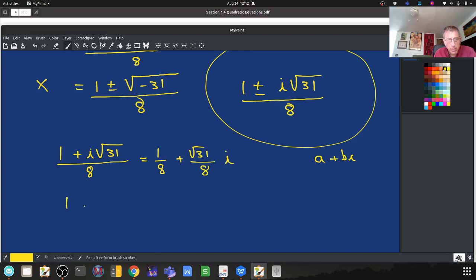Or it's equal to 1 minus i times the square root of 31 over 8, which is the same thing as 1/8 minus the square root of 31 over 8 times i. That's writing it in the form of a plus bi.